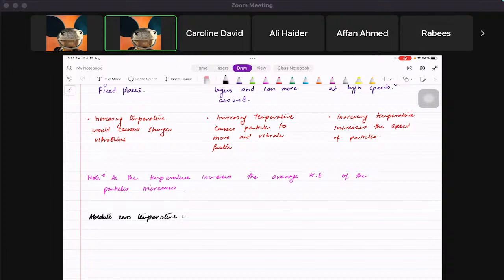Now, absolute zero temperature is known to be 0 Kelvin or minus 273 degrees Celsius. Let me write Celsius, right? Which is a very low temperature.